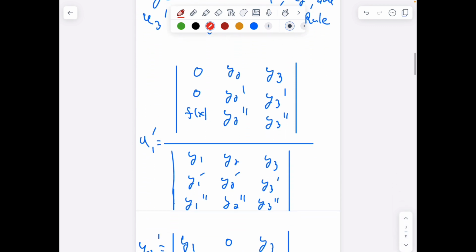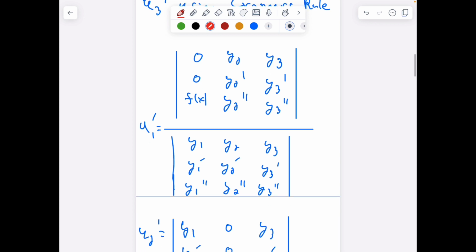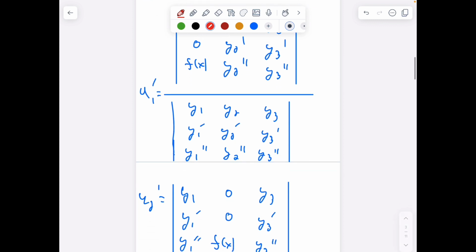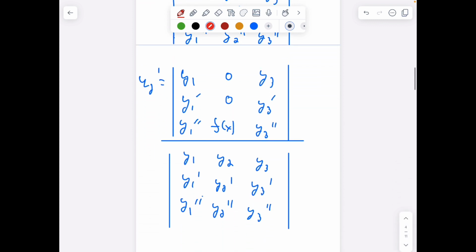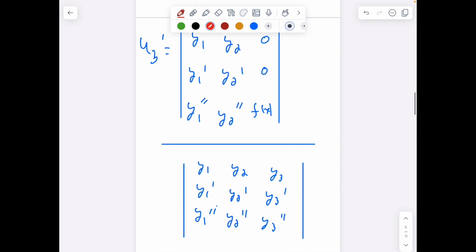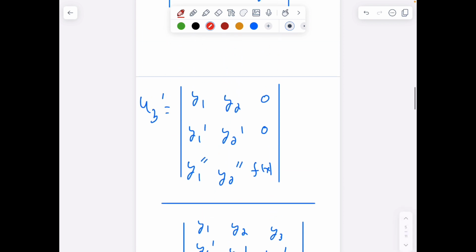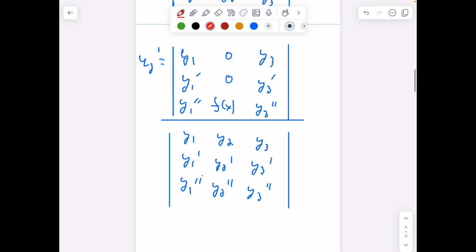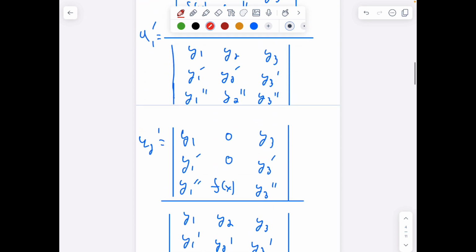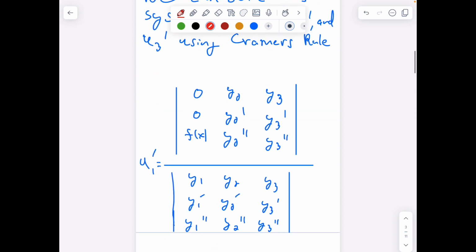Cramer's rule is basically taking quotients of determinants. And so here are u1 prime, u2 prime, and u3 prime. The question is, what do they all have in common? They all have in common this determinant right here.